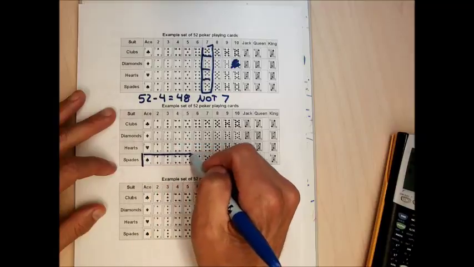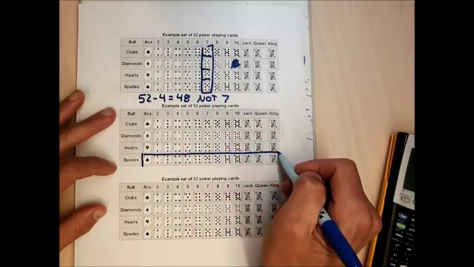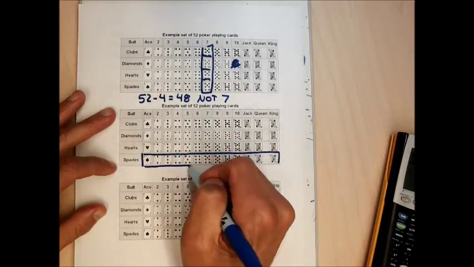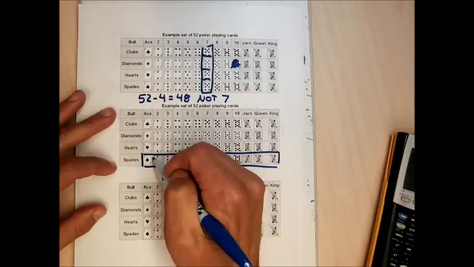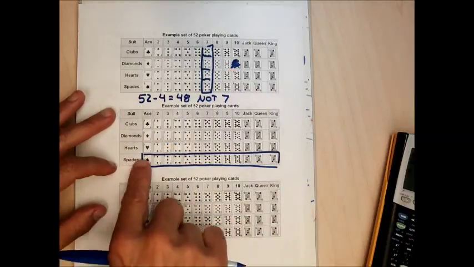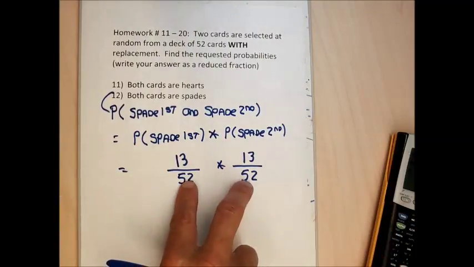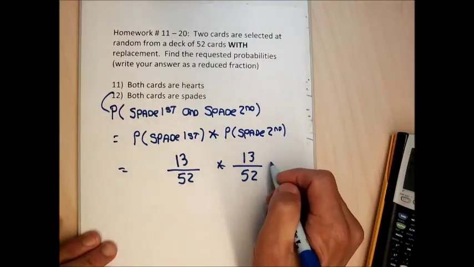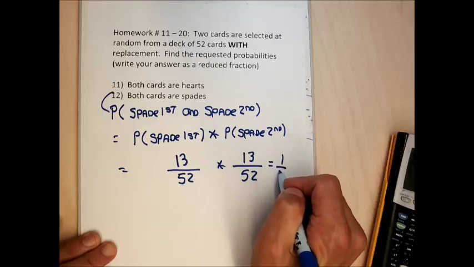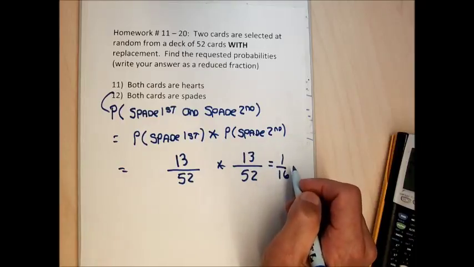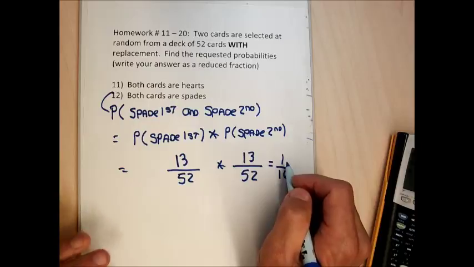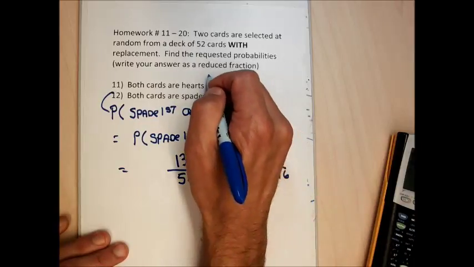I don't care whether I picked a spade on the first or not when I do it with replacement, because that spade I picked out is not removed from the deck, it's put back into the deck when you do your second draw. So each of the fractions is going to have a 13 over 52. And if I reduce this, I get 1 over 16. If I did it on my calculator, you'd get 1 over 16. For your number 11, I think it's also 1 over 16.